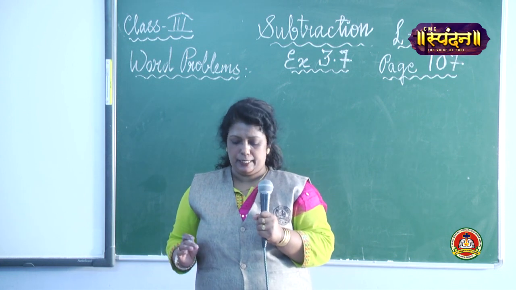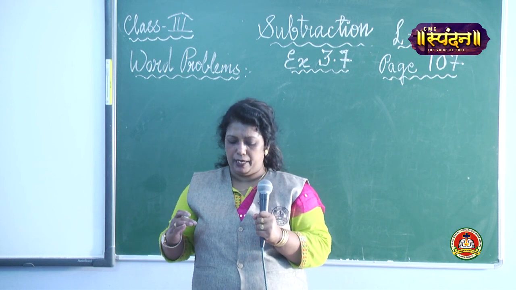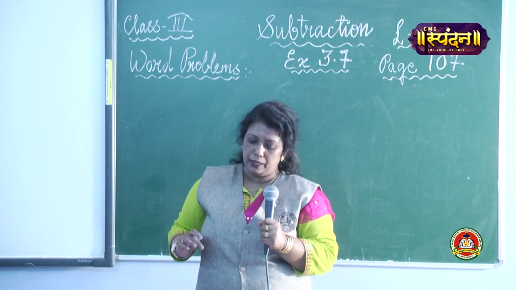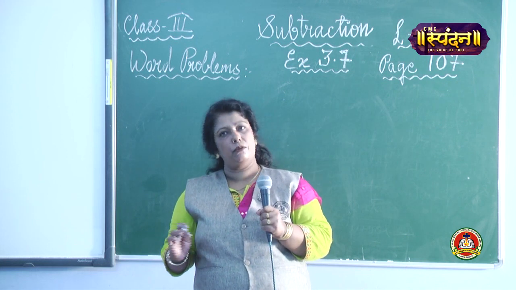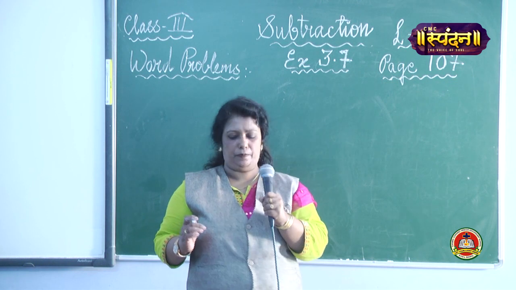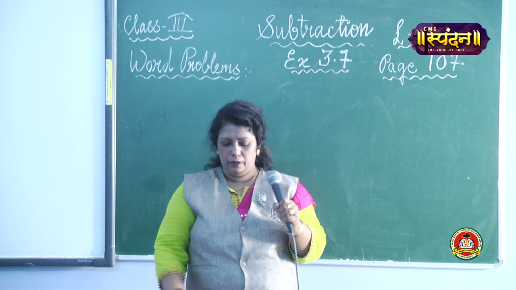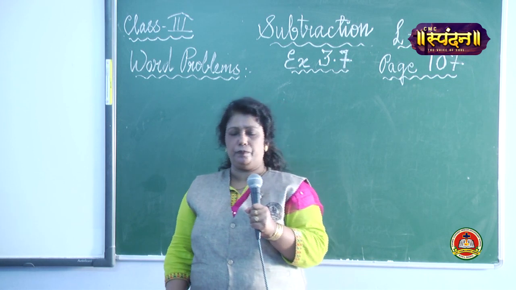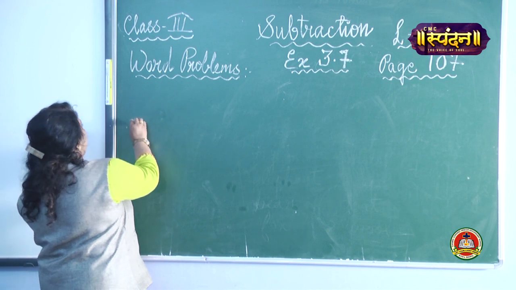Minus. Yes. So, 5,345 minus 2,785. Then, after doing the subtraction, we'll get the answer. Right? So, we'll come on to question number 1. For that, we'll write the solution first.